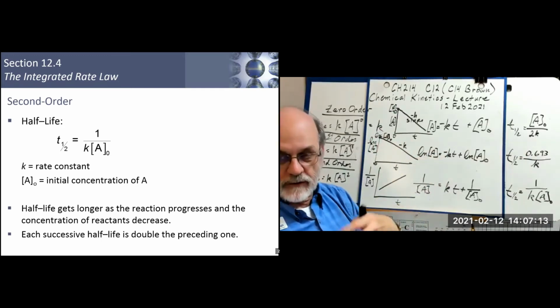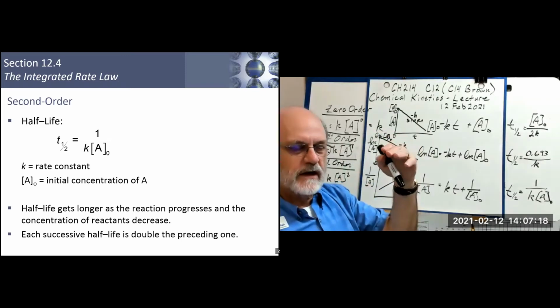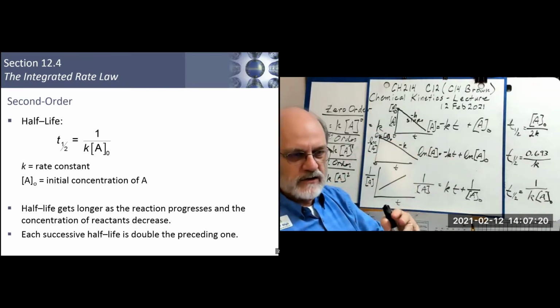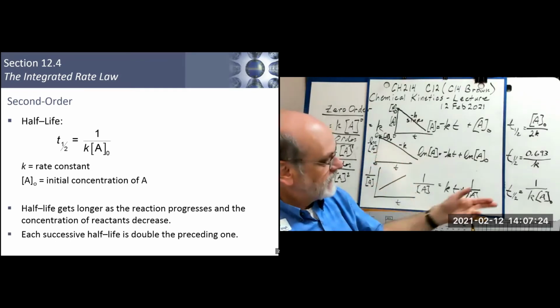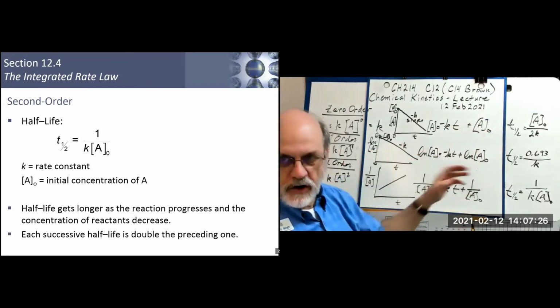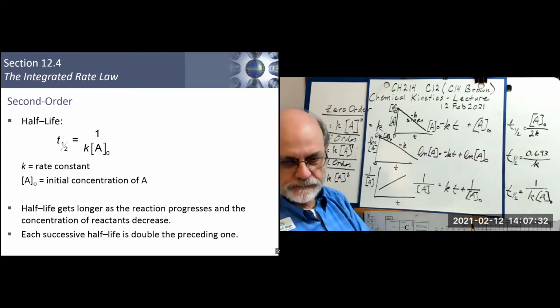If you have half-life data, say at this concentration, when we take the concentration down to here, half-life changes, take it down to here, it changes again. You can do those comparisons and often use that to determine if it's zero, first, or second order.